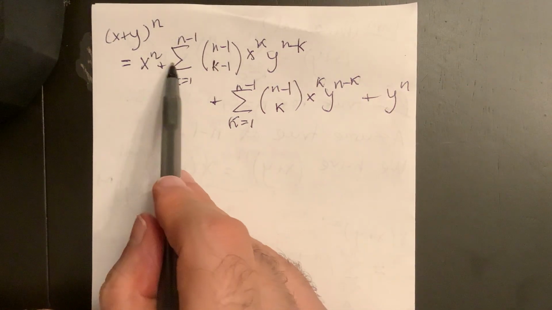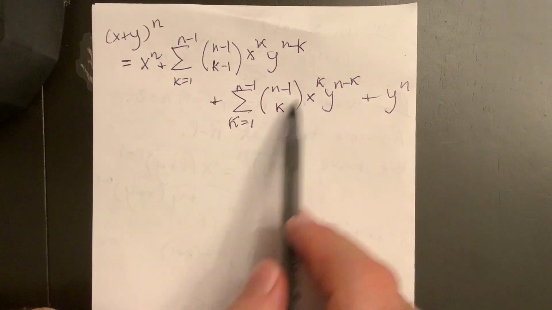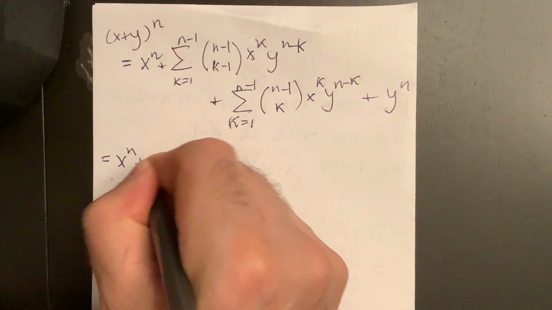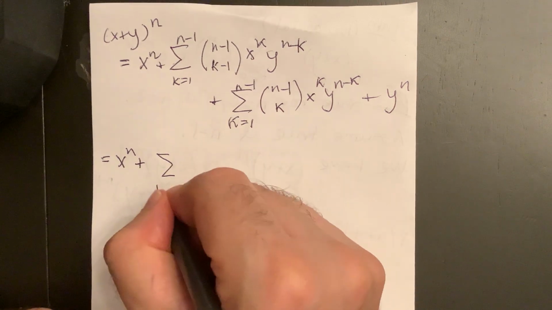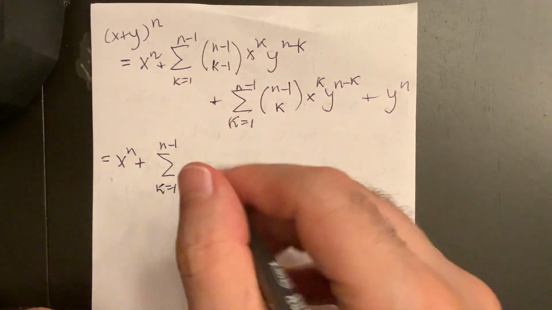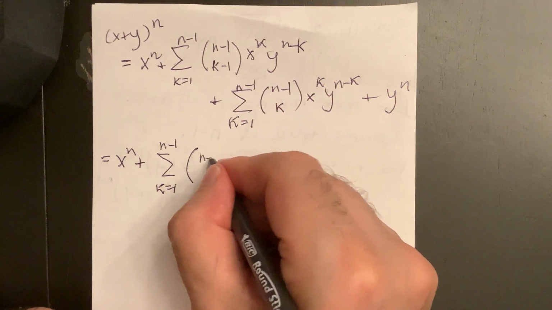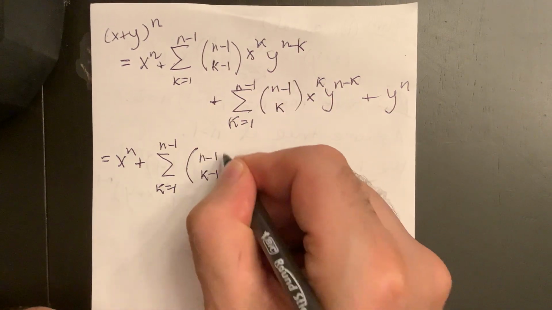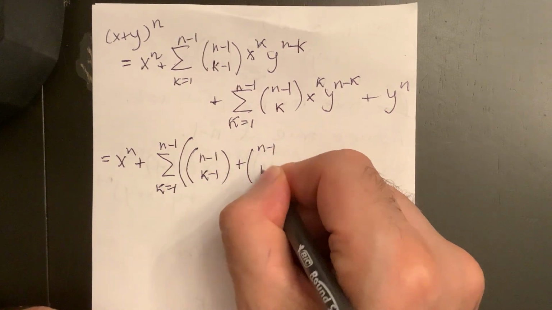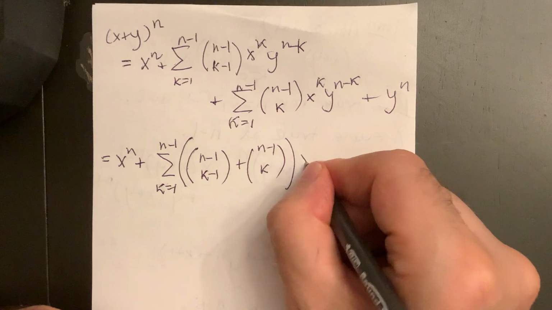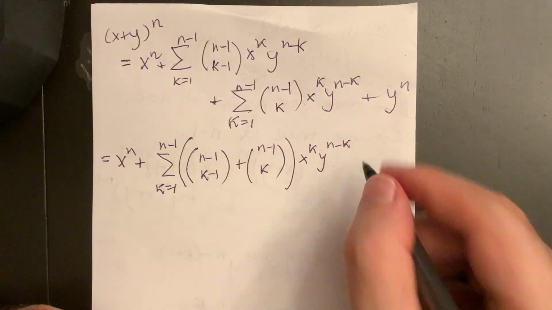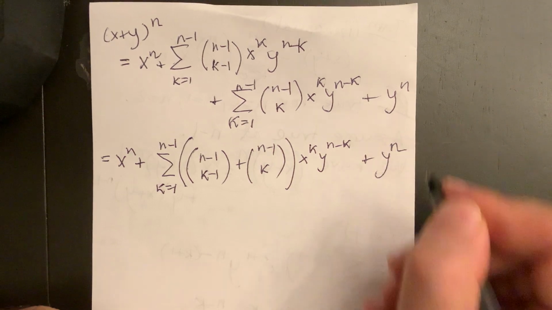Okay, well, you see these two have the same indices, right? So I can combine these. This is x to the n plus a single sum here, k equals 1 to n minus 1. And I can group these two together. This is n minus 1 choose k minus 1 plus n minus 1 choose k, x to the k, y to the n minus k, and the whole thing plus y to the n.